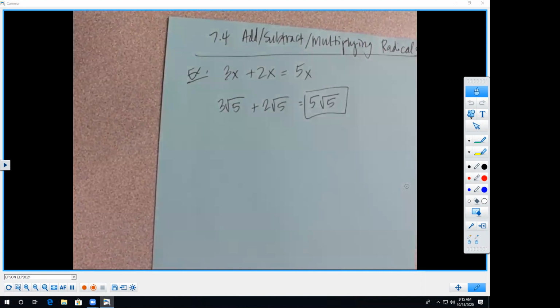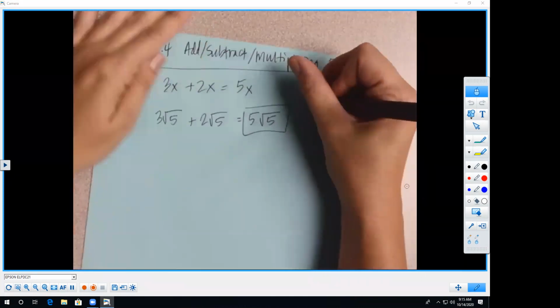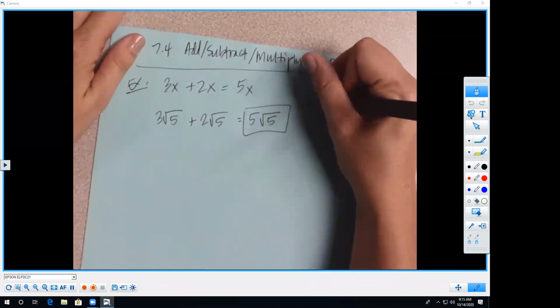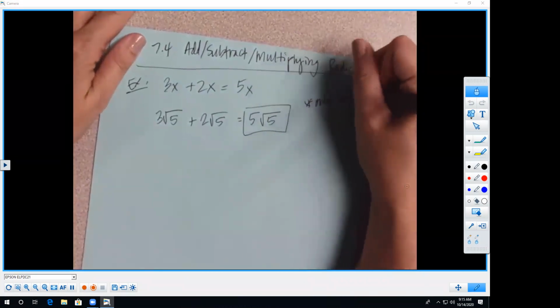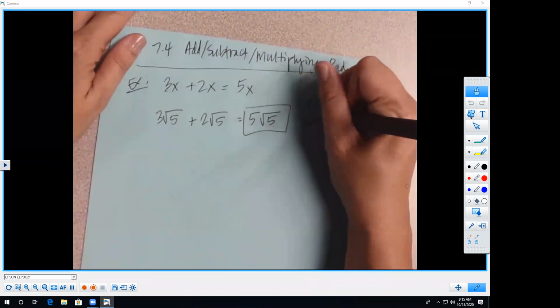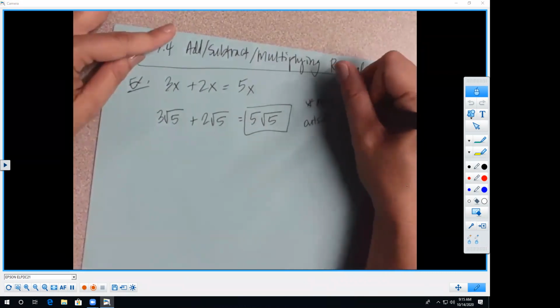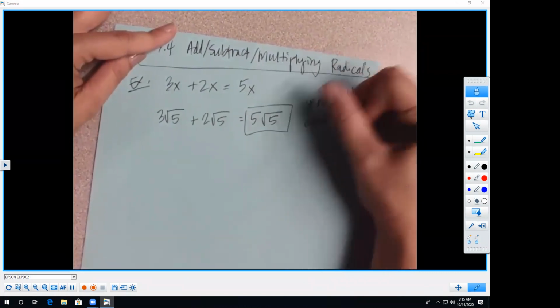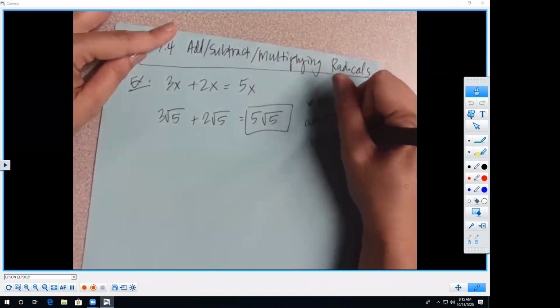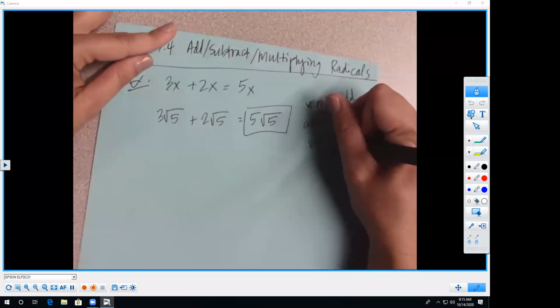Okay, so we only add the outside numbers. We do not add the inside numbers. You might make a note of that. Only add the outside numbers, which are the coefficients, not the inside numbers.